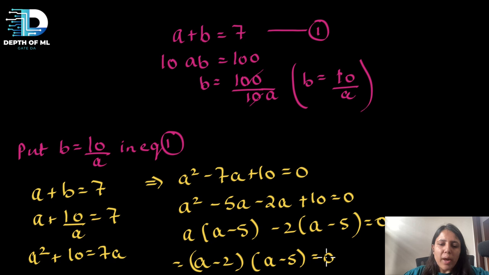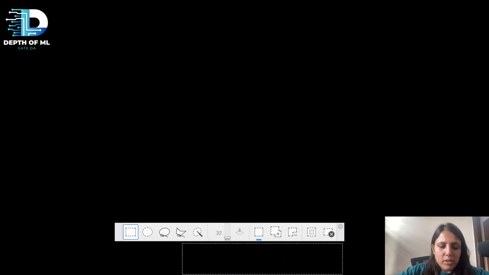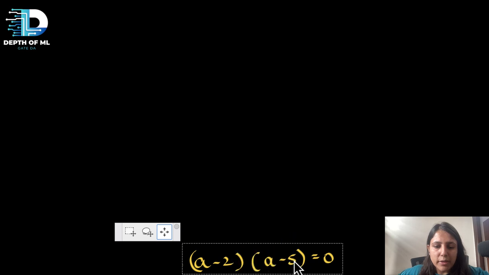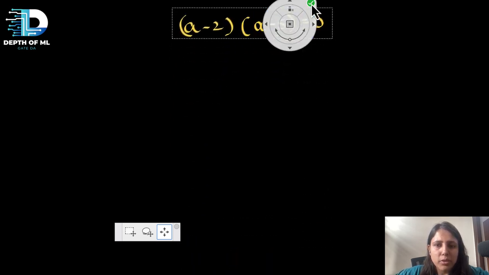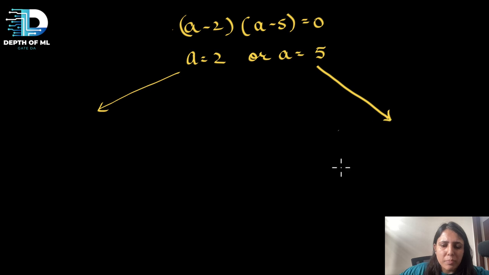Now I'm getting two values for A, and we'll have to check both values of A and see what result we are getting. So A is equal to 2 or A is equal to 5.